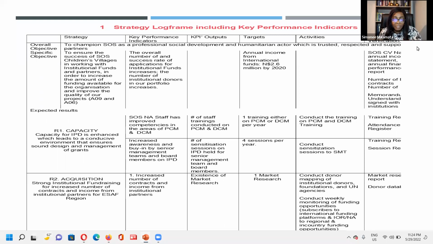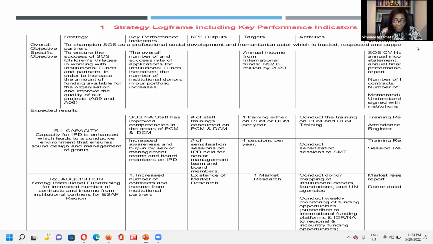And then at the bottom under expected results, the staff has improved competencies in the areas of PCM and DCM, that has got to do with project management, and also increased awareness and buy-in by senior management teams and board members on IPD, which stands for Institutional Partnership Development. That means donor funding from UN and all the international agencies.